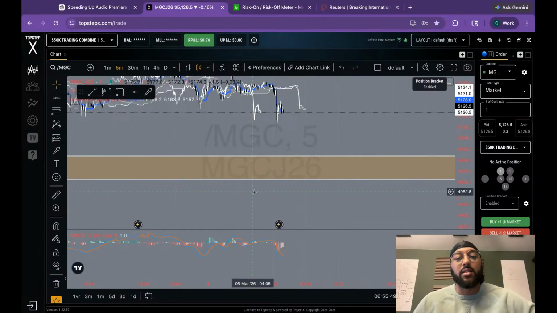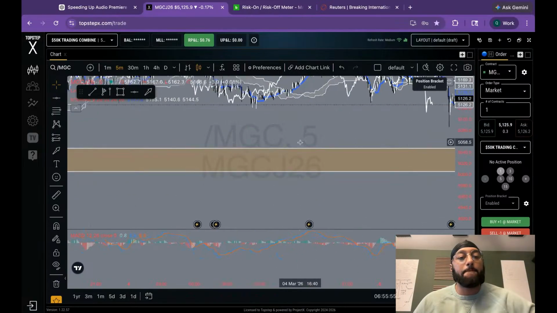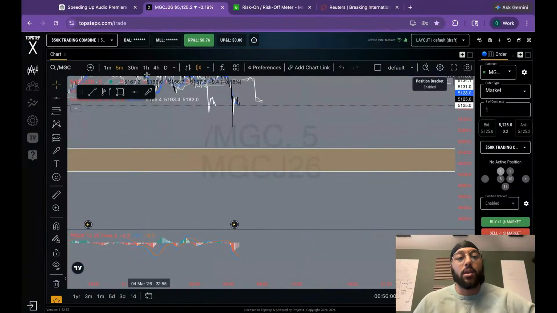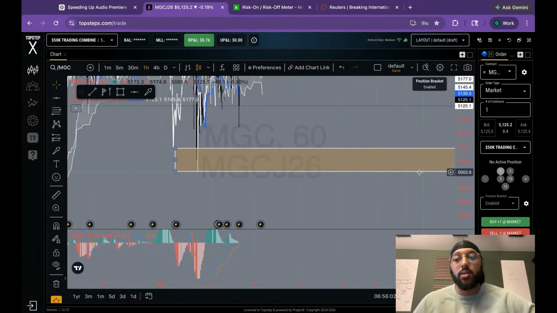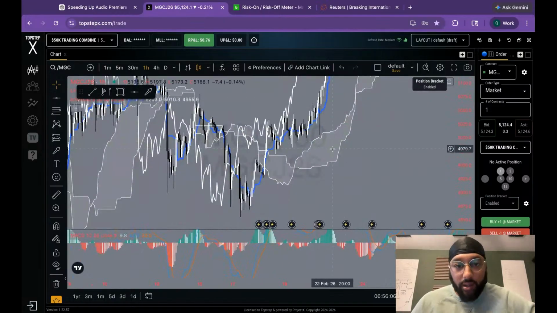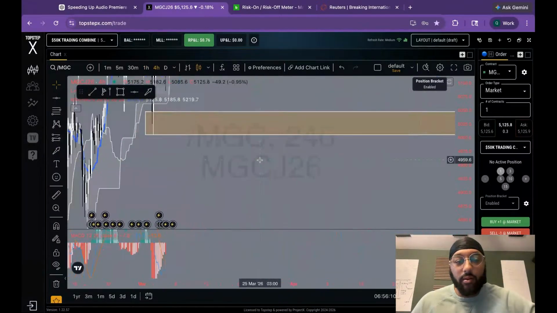I want to take this into and through potentially this area here. And real quick, I just want to see what things look like to the downside as far as areas of inefficiency.